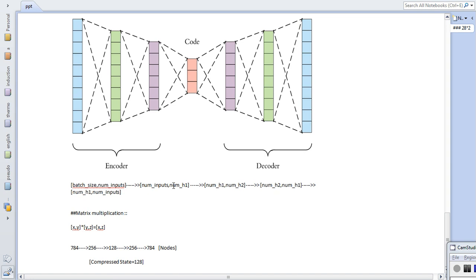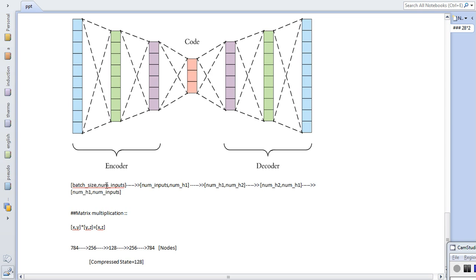If you see the second and third, num_h1 should be equal to num_h1 here, and if you see third and fourth, num_h2 should be equal to num_h2, and if you see fourth and fifth, num_h1 should be equal to num_h1. This is very important to understand how we convert the dimensionality of the matrices till we reach the point where we want to.